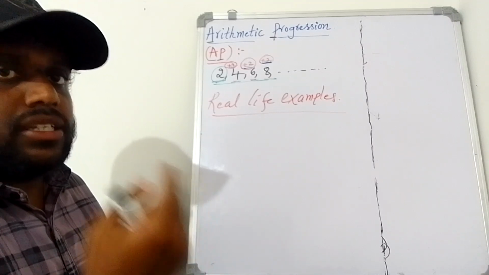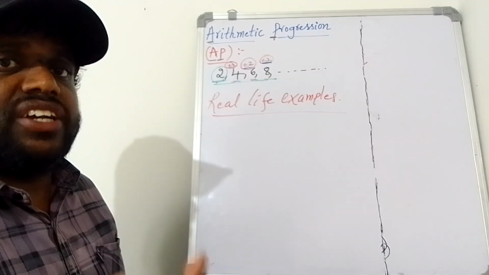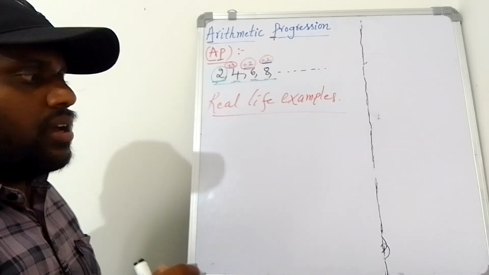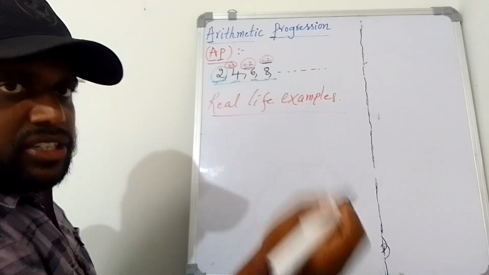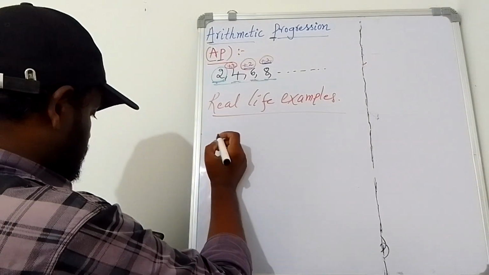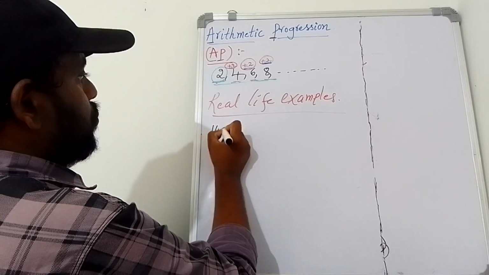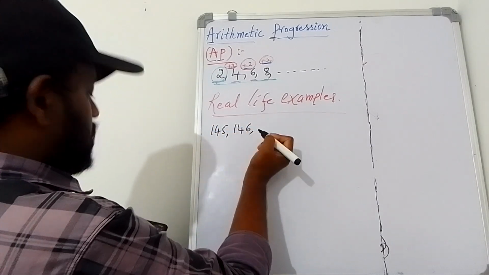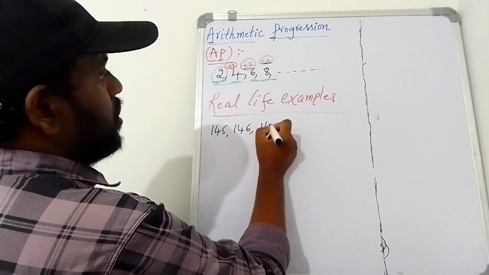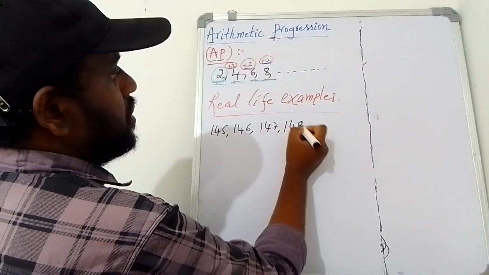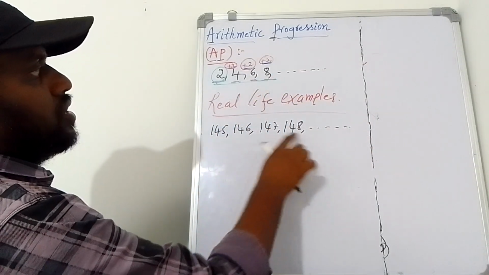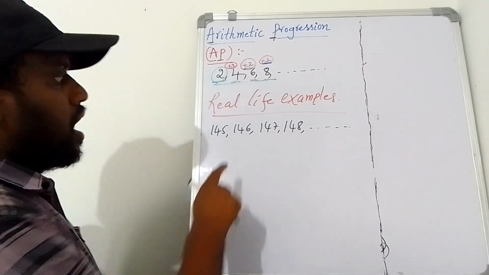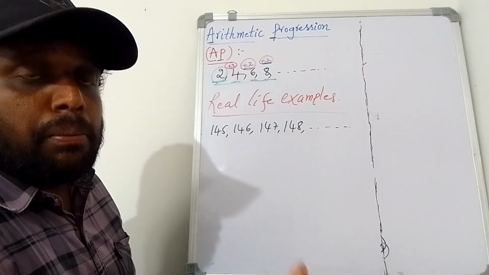If their heights are measured in centimeters, we get measurements like 145, 146, 147, 148, like this. So this is a real life example for AP: heights of students measured in centimeters.